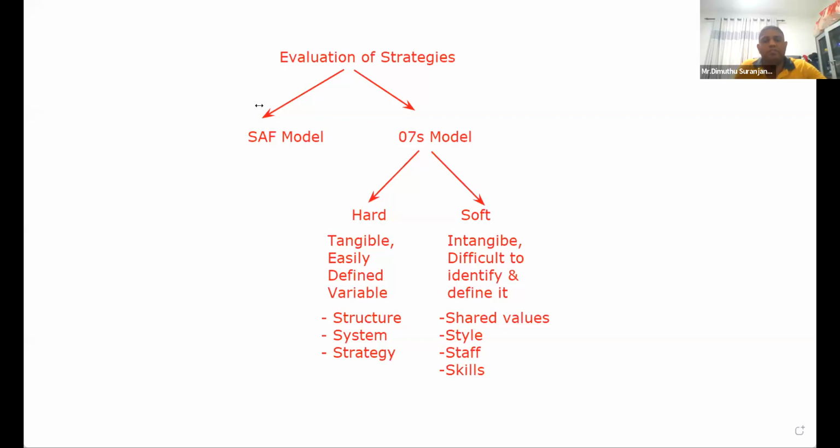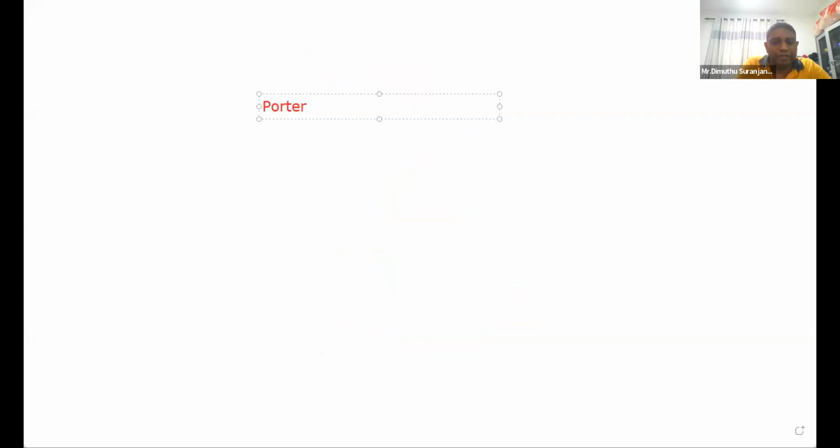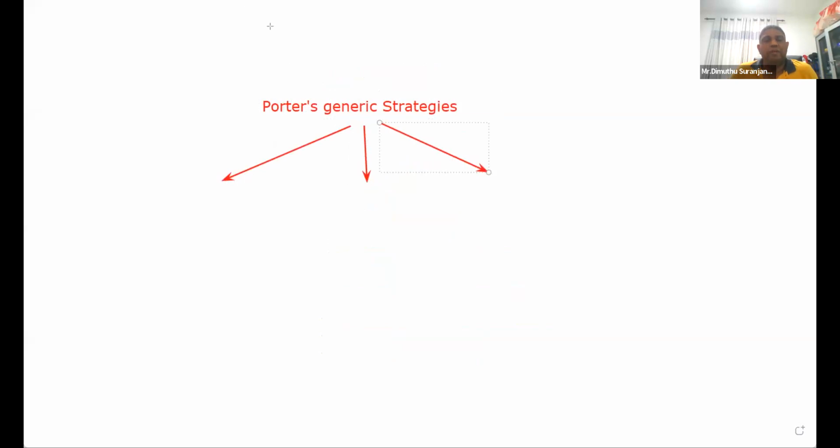Michael Porter's generic strategies, how many strategies are there? So three main strategies, no? Cost leadership, then differentiation, then focus.